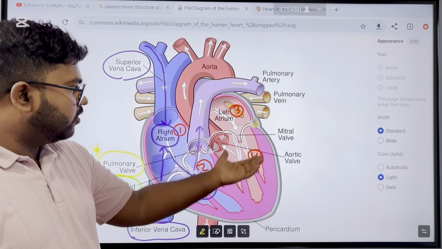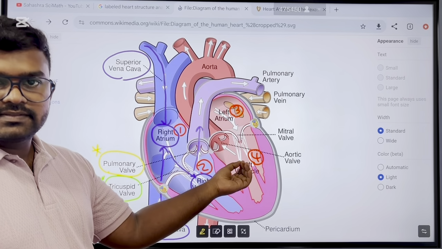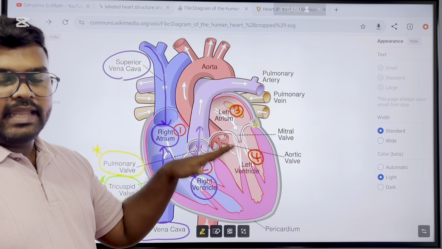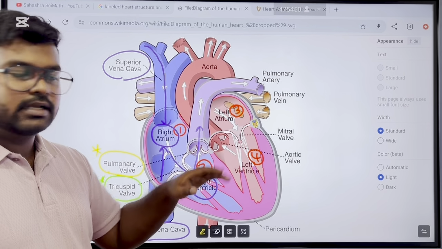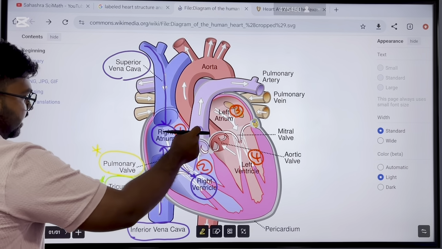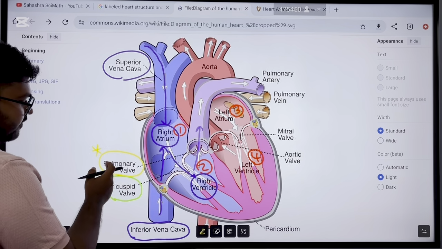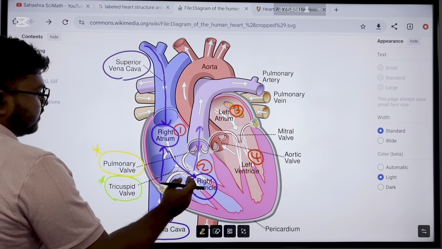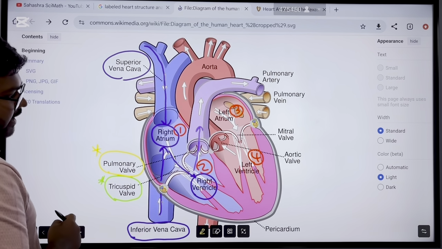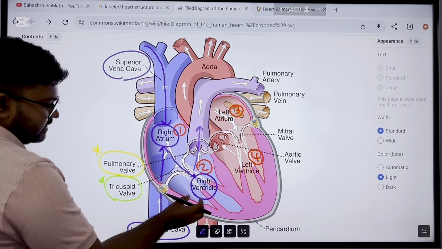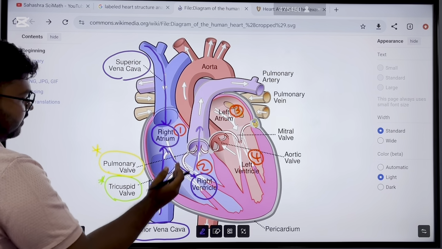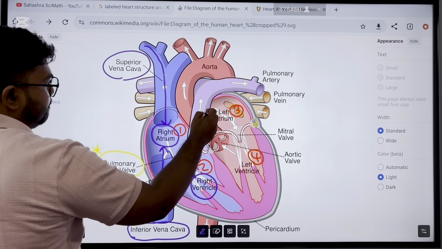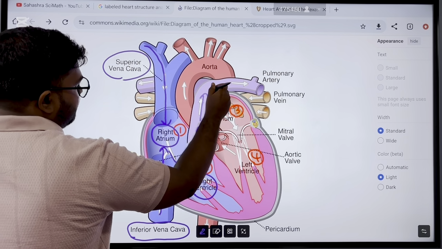The function of all these heart valves is similar, that is to maintain unidirectional flow of blood through the heart. So basically this pulmonary valve prevents backflow of blood into the right ventricle. Once this right ventricle is contracted, through the pulmonary valve, blood passes into the pulmonary artery.